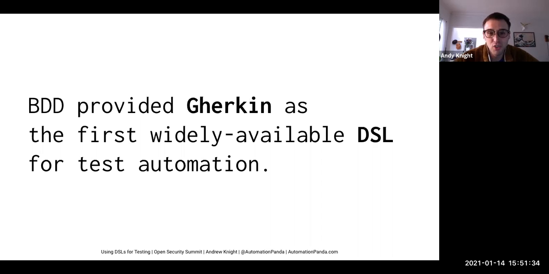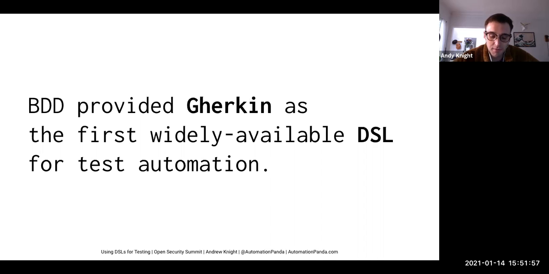BDD frameworks like Cucumber or SpecFlow or Behave or JBehave, whatever you want to call them, all of them use Gherkin as their domain-specific language, and then they have these step definitions written in whatever programming language. These were the first major widely available DSLs anyone can pick up.